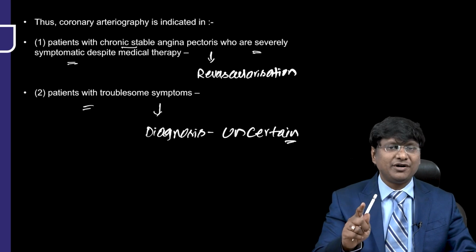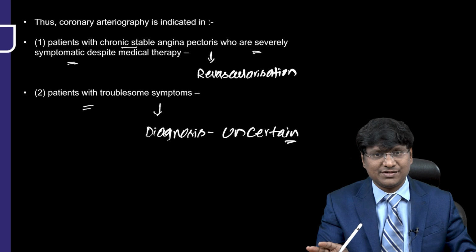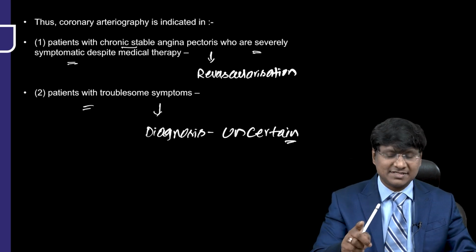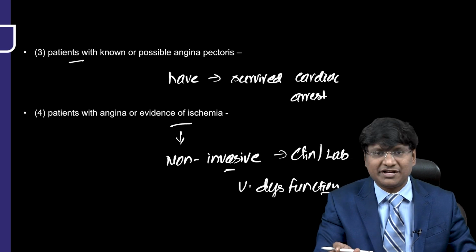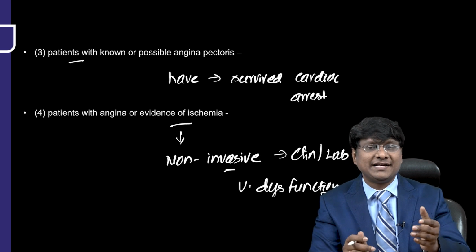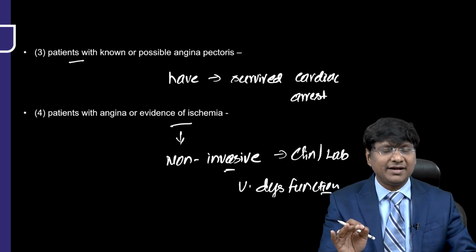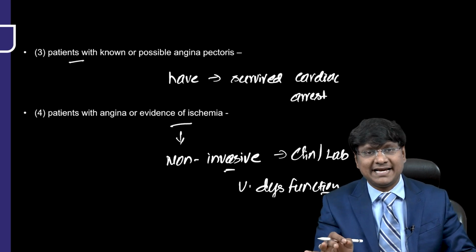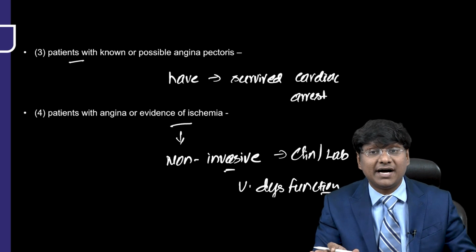To summarize: first, refractory to medical management and planned for revascularization. Second, troublesome symptoms with diagnostic modalities uncertain about ischemic heart disease. Third, survived cardiac arrest in a case of angina pectoris. Fourth, laboratory evidence of ventricular dysfunction in a case of angina. All these four are the indications for coronary arteriography.